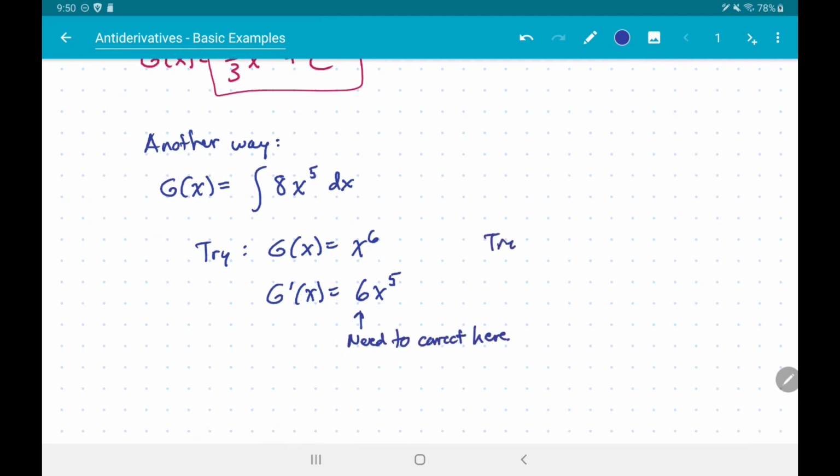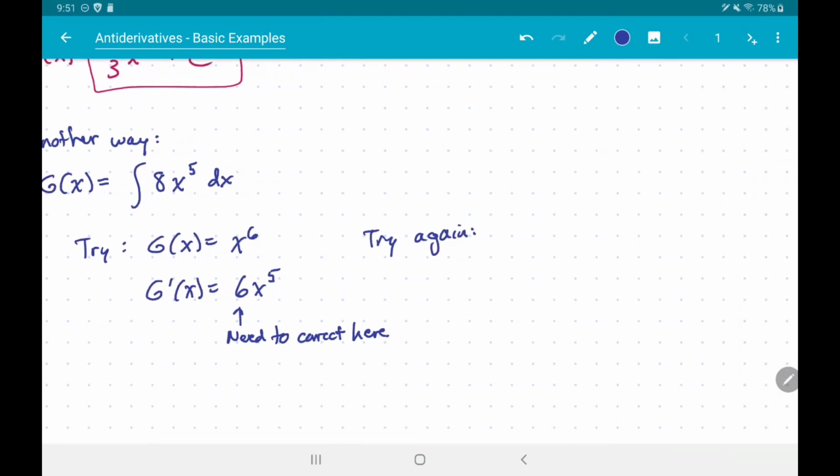So let's try again. I need to think, what factor do I need to insert right there so that it'll be something that I can then simplify with this 6 and end up with an 8? So in other words, what times 6 equals 8?